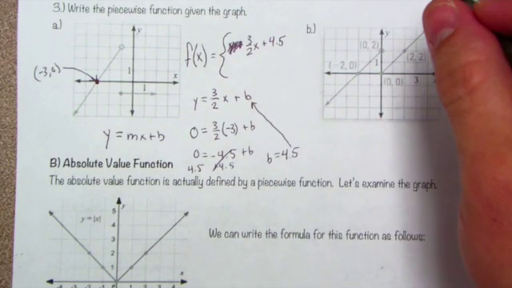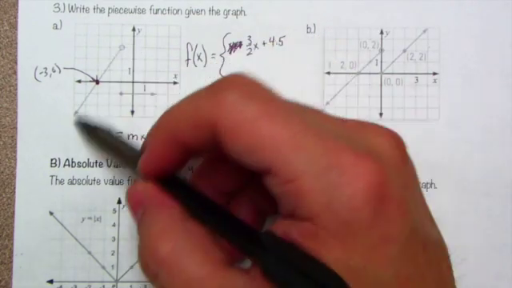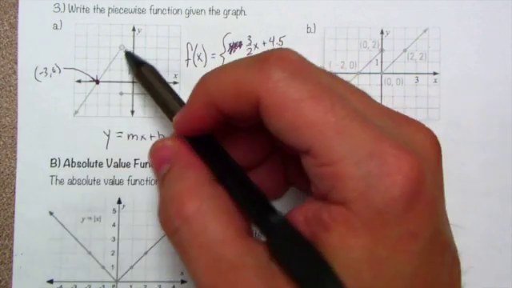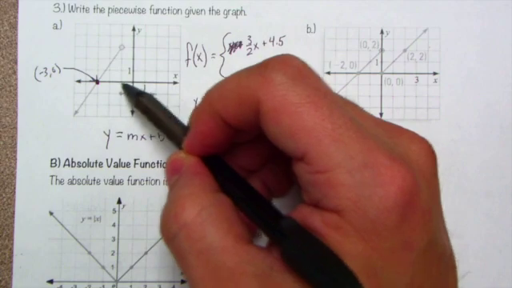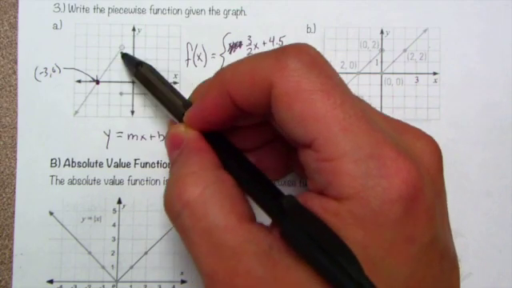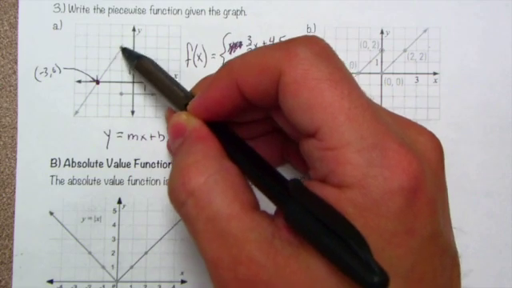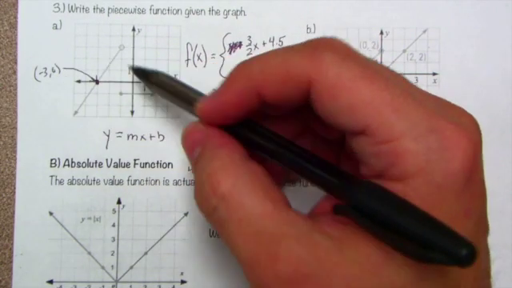Okay, and now we just need to attach a domain. Because there's a limit here, we need to attach a domain. It looks like there's an arrow here, so it'll keep going, but it stops right here. So we look at the domain, which is the x value. In this case, negative 1 is the x value, and it's an open circle, and it's everything that is left of that, or less than.